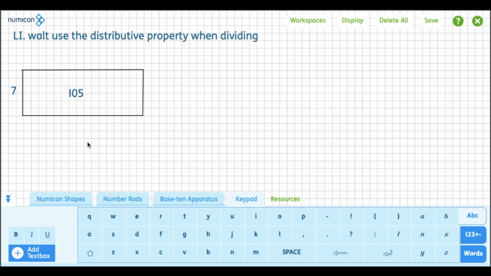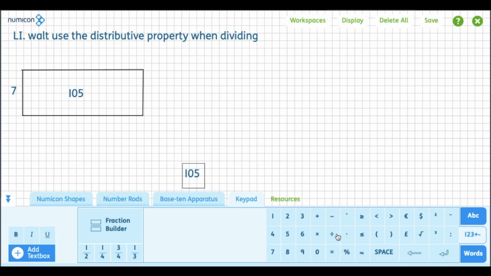So if I was going to write that as a number sentence, I'd have 105 stewards, and I would be dividing, the divide symbol, divided by 7. So what I'm trying to work out today is 105 stewards divided by, or split into, the 7 different areas in the stadium, and how are we going to work that out?